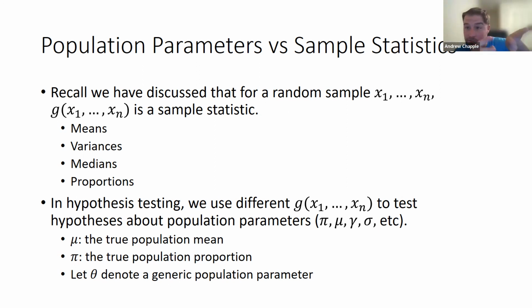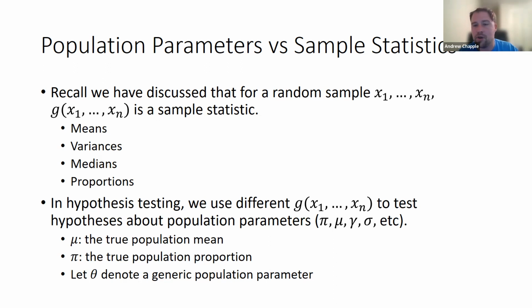It's a function of your data. You plug in your data, you get a mean. Same thing with the variance. You plug in your data into this variance function, which would be in place for G, and you get a variance. Same thing for medians and same thing for proportions, using indicator functions. So in hypothesis testing, we use different functions to test hypotheses about different population parameters.